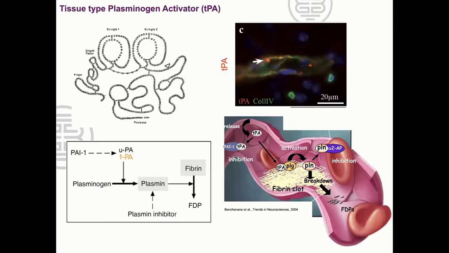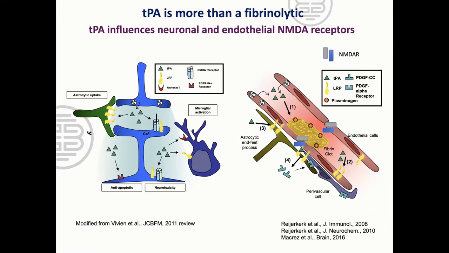But tPA is not only expressed by endothelial cells, as you can see here, it is also expressed by different brain cells, including neurons, glial cells, and oligodendrocytes. So right now in my group, I will just sum up this kind of data because it's important for the rest of my presentation today.